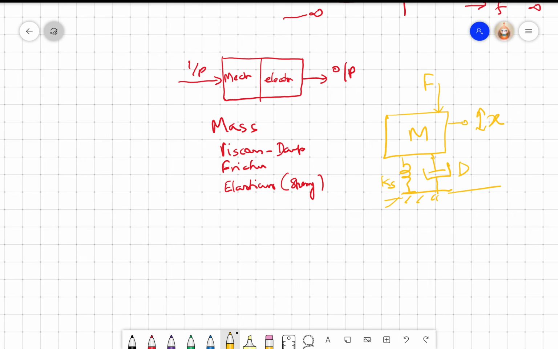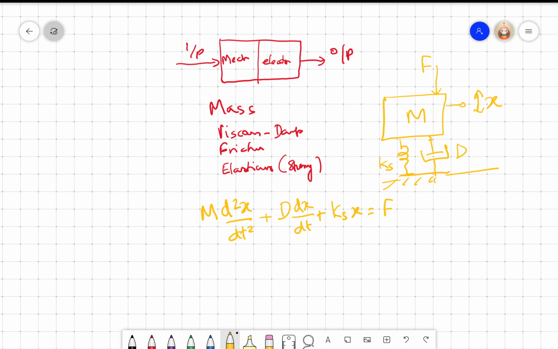So I can now write the model of the system as mass into acceleration, d square x by dt square, right? Plus viscous damping or frictional damping into velocity, dx by dt, plus Ks into x will be the force, right?